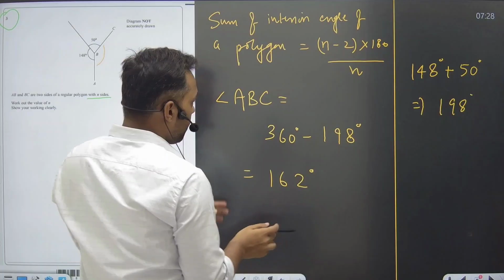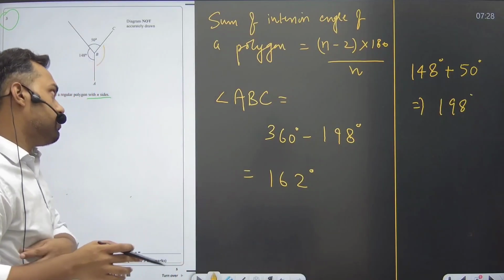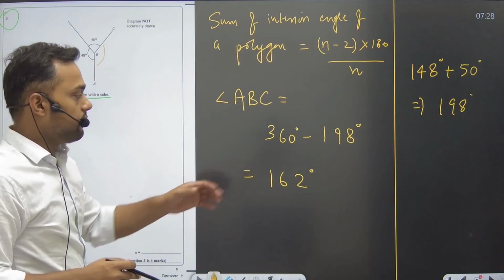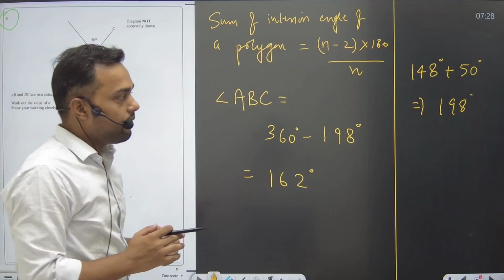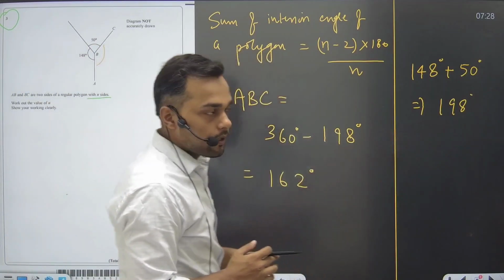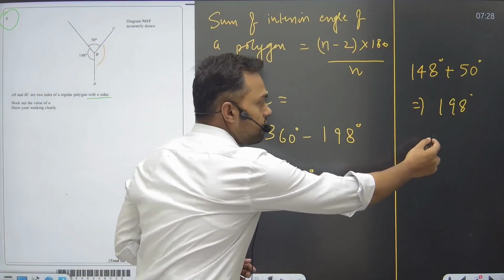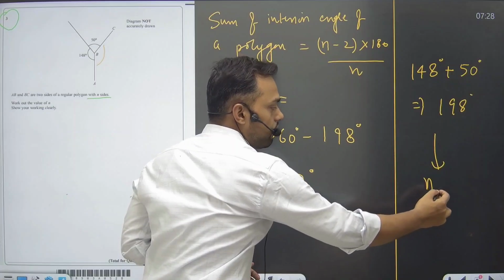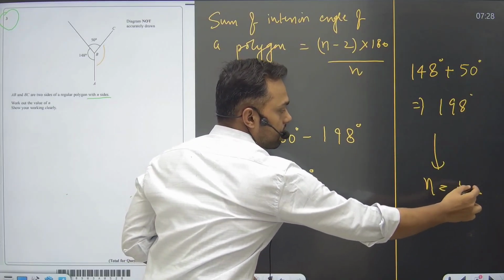So this will be the particular angle, the interior angle, and it will be the value, not this value. If you approach with the other method, you will get the value of n as negative.